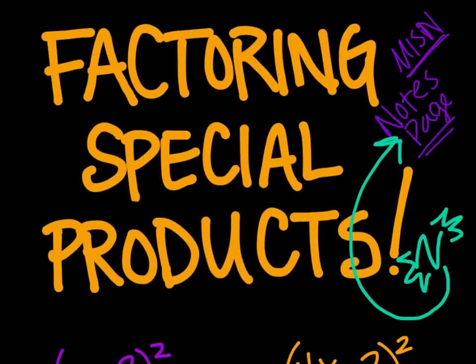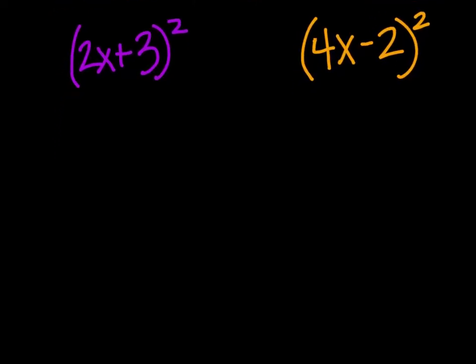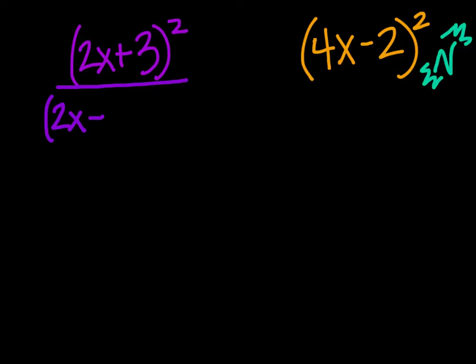So let's get started. Let's start first with these two cases. You have these on your notes page. I would like you to solve this. Essentially we're doing FOIL on this thing. You are taking 2x plus 3 squared and actually doing that math.